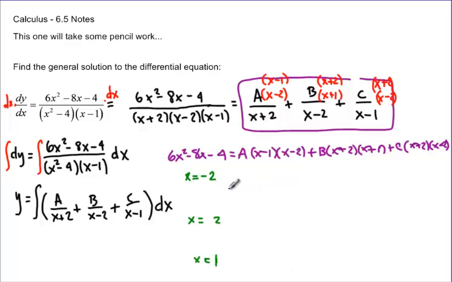So what I'm going to do is replace all the x's with negative 2. So I'm going to have 6 times negative 2 squared minus 8 times negative 2 minus 4 equals, and then A is going to be times negative 2 minus 1, and then negative 2 minus 2. But then look what happens.